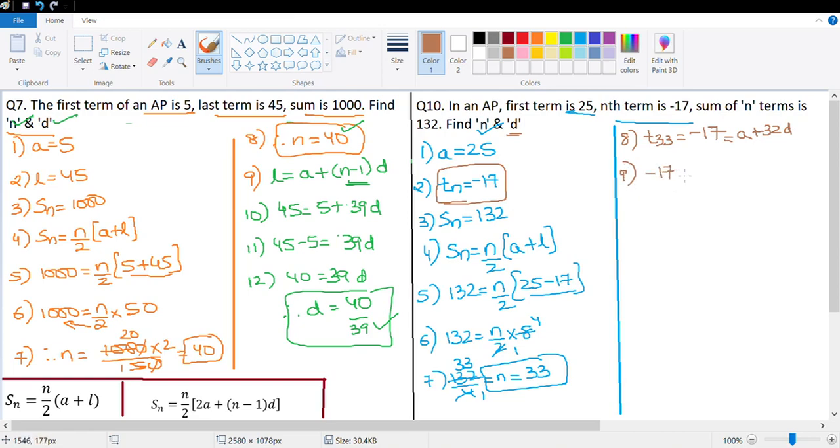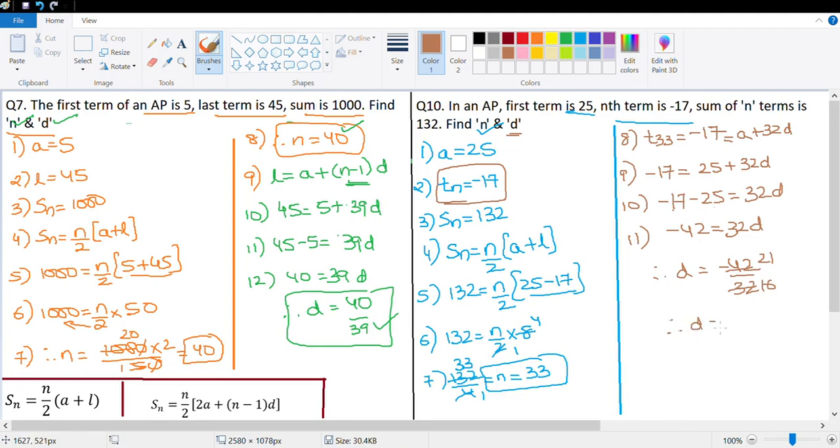Negative 17 is equal to A, which is 25, plus 32 times D. This gives us negative 17 minus 25 is equal to 32D. Negative 17 minus 25, that's negative 42. Negative 42 is equal to 32D. Therefore, D is equal to negative 42 upon 32, which simplifies to negative 21 upon 16.